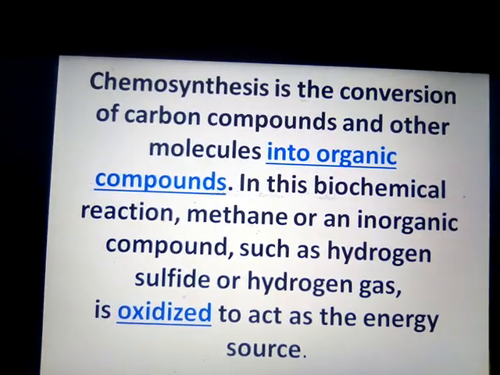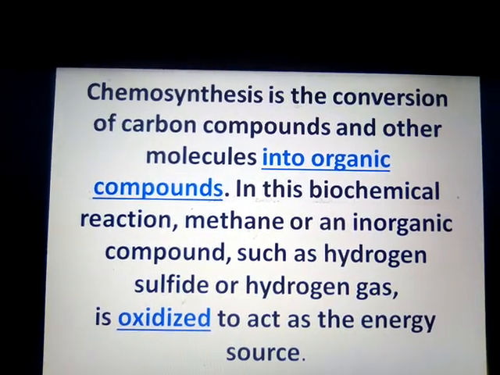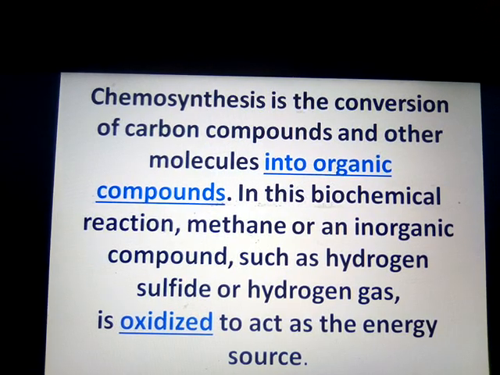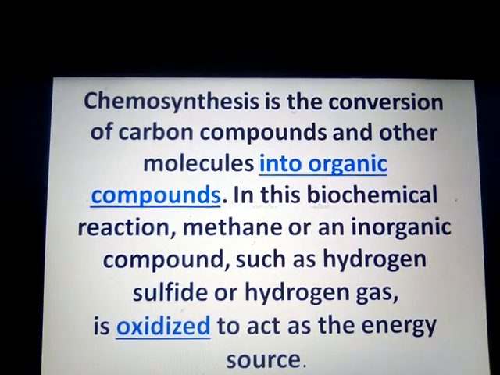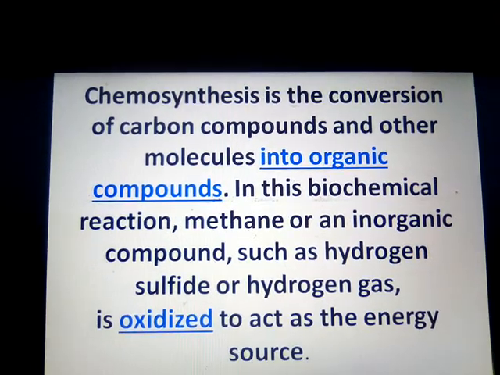A. Chemosynthesis. It is the conversion of carbon compounds and other molecules into organic compounds.